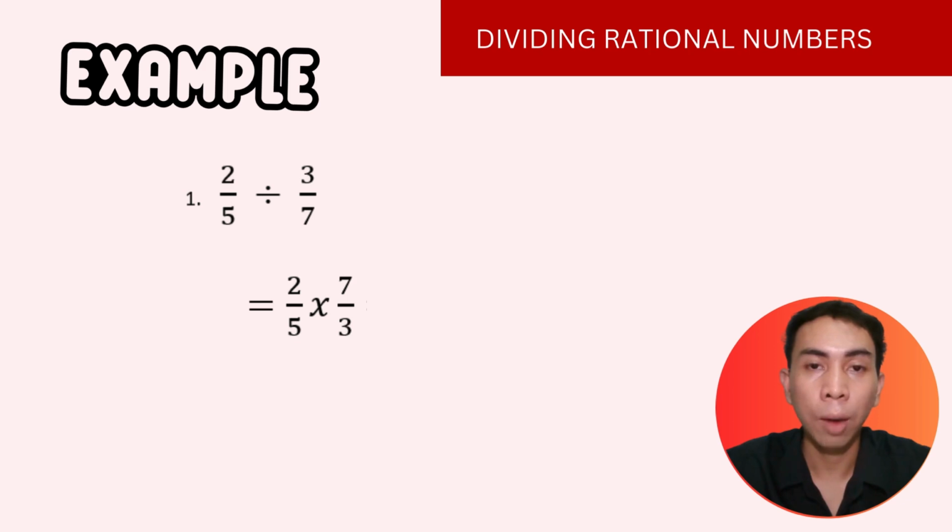So we can now multiply both rational numbers. 2 over 5 times 7 over 3. 2 times 7 is equal to 14, and 5 times 3 is equal to 15. So we have 14 over 15 as the final answer.